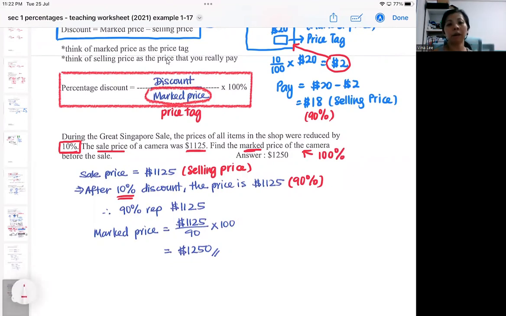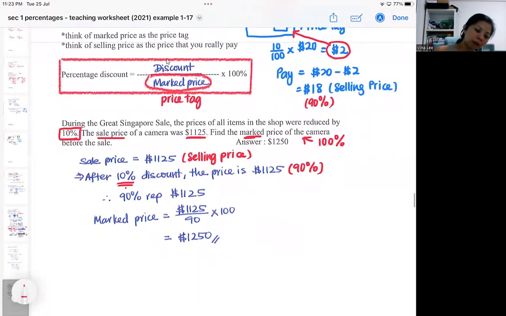So that $1125 represents 90%. I will divide the $1125 by 90% to find 1%, and that 1% multiplied by 100 will be the marked price.